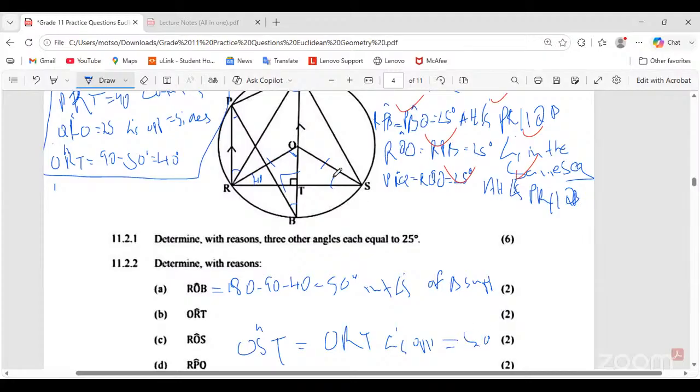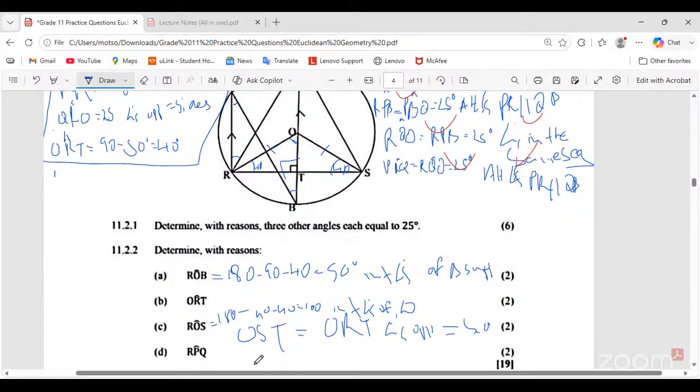Therefore, if we are having 40 here, to find ROS, you say is equal to 180 degrees minus this 40 and that 40, which is equal to 100. 100, reason being interior angles of a triangle are supplementary.